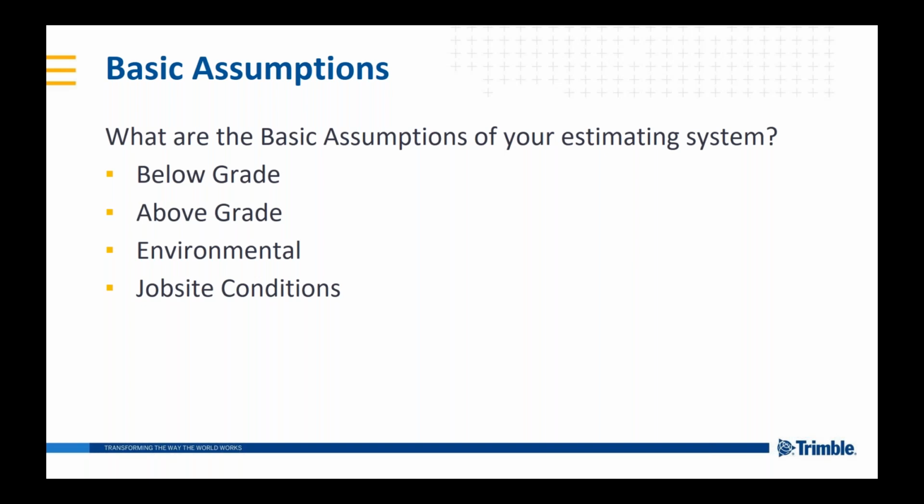It will help them understand the foundations that your labor units are based upon. Because at the end of the day, they may think it's okay to not apply a labor factor at 15 feet high, where you had been applying a labor factor at 10 feet high all along. So understanding and knowing those basic assumptions and distributing them within your estimating department is really important.